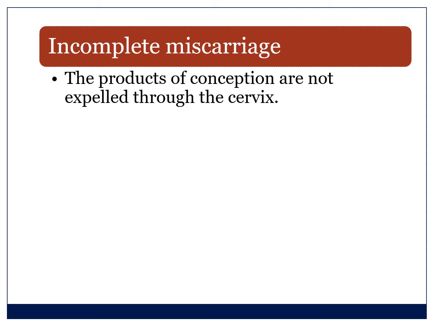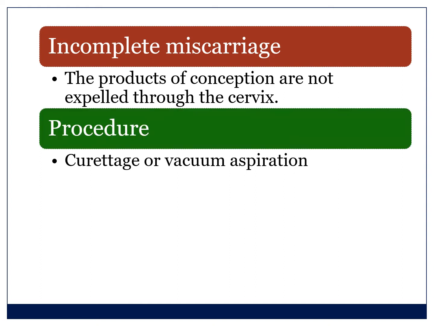Now, we're going to be dealing today with incomplete miscarriage, when products of conception are not expelled through the cervix. I won't be covering manual removal of the retained placenta simply because that's a different procedure. It needs to be done in theatre, and the choice of anesthesia has slightly different implications. I'll cover that on another day in another fashion.